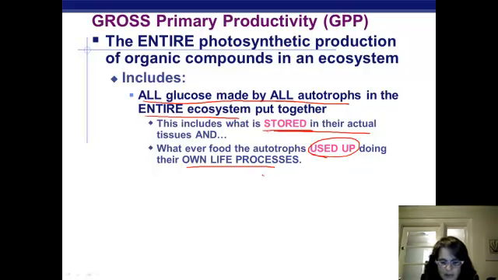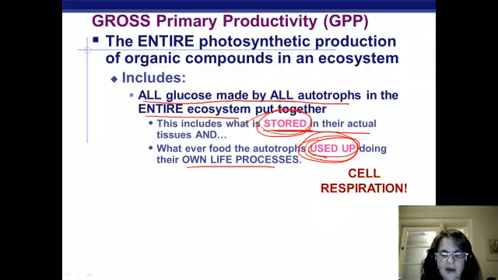In other words, when a plant's doing photosynthesis, it doesn't just make the sugar and retain it all to pass up the food chain when it gets eaten. It certainly does store some of that sugar in its tissues, but it also uses up some of that sugar to do its own life processes. So, gross primary productivity is taking into account not only what they store in their tissues, but also what they use during that period of time.